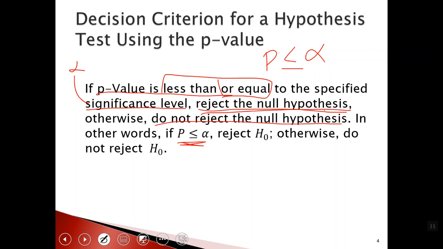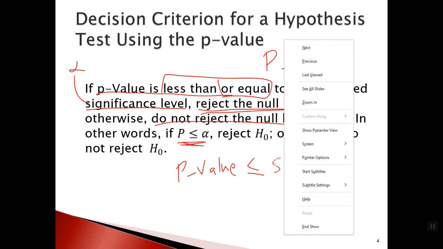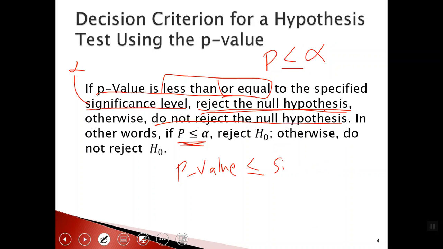In other words, this is the notation. If my p-value, capital P meaning p-value, is less than or equal to the significance level, what do we do?